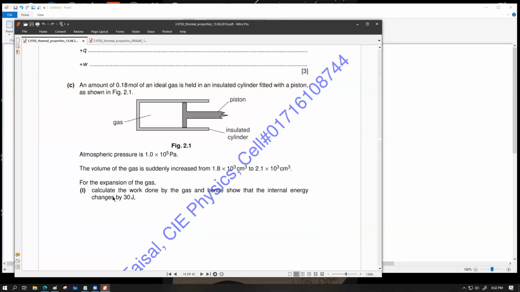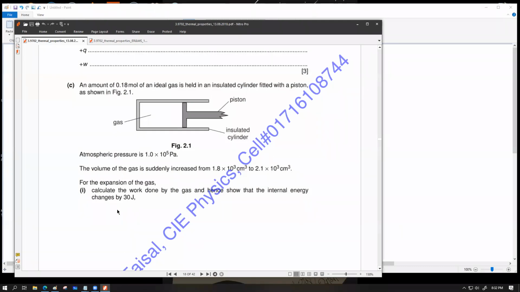For the expansion of the gas, calculate the work done by the gas and ensure that the internal energy changes by 30 joules. We are going to increase this volume, so the piston is pulled outwards, right? Because the volume of the gas is suddenly increased, the piston would have moved some atmospheric particles out of its path. To move those atmospheric particles, some amount of work has to be done on them, which as per this question is 30 joule.